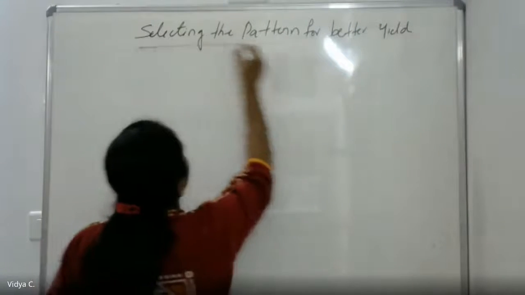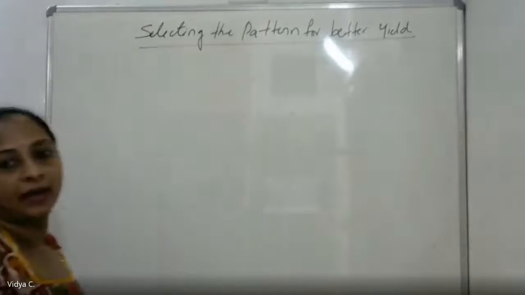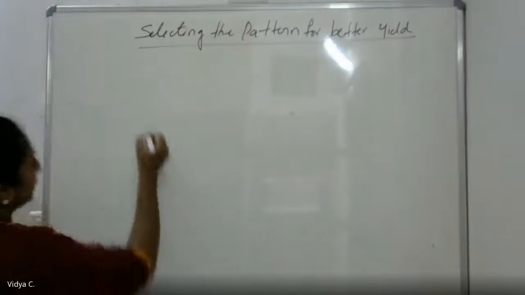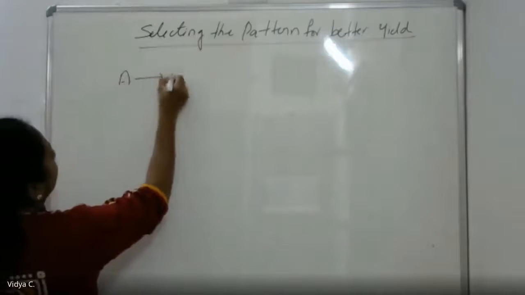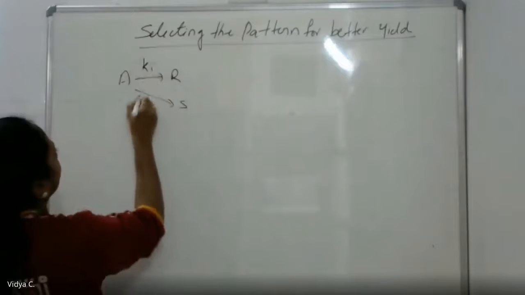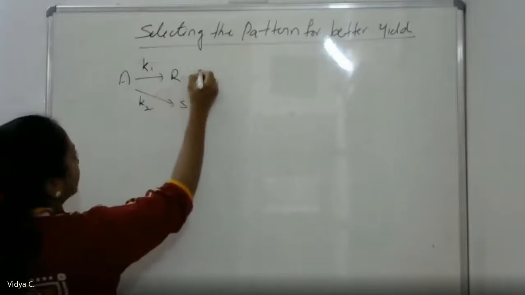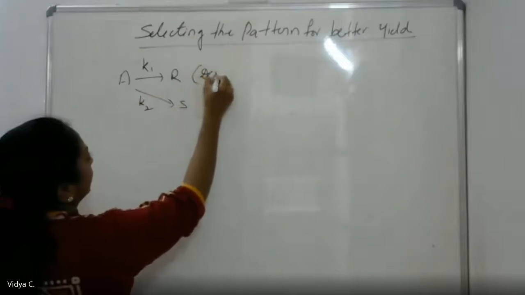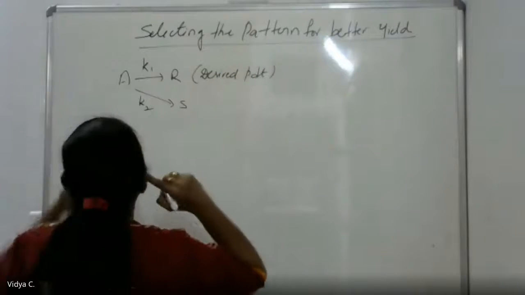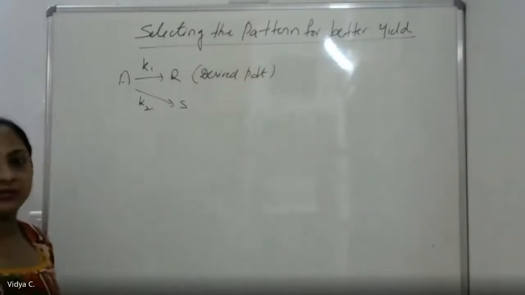Now let me consider one parallel reaction in which A gives R and A gives S. Let me call R the desired product, but A is simultaneously, in parallel, giving S also.